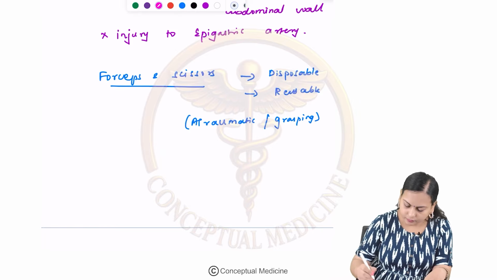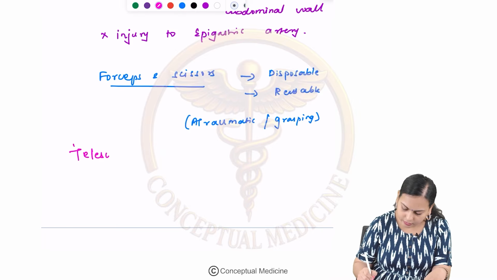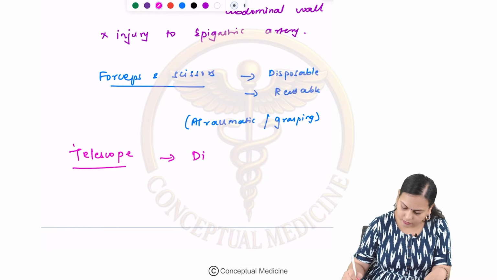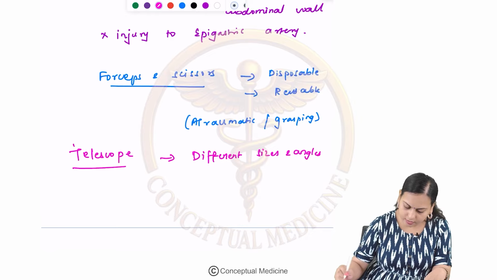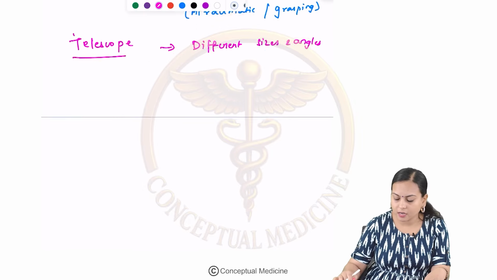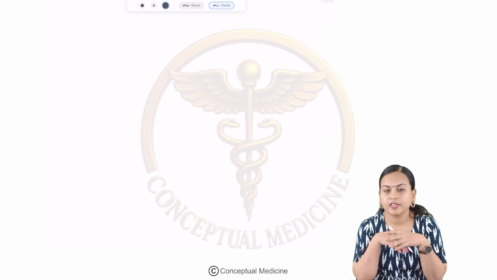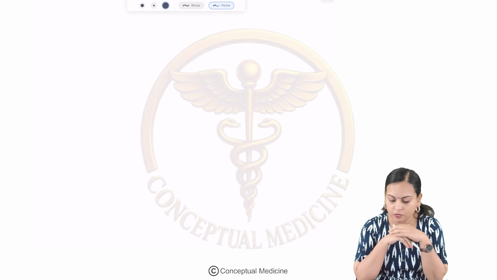Okay, then we will use telescope of different sizes and angles, they will help to visualize the peritoneal cavity. So this is how we will enter the laparoscopy, and we have seen the instruments used in laparoscopy also.